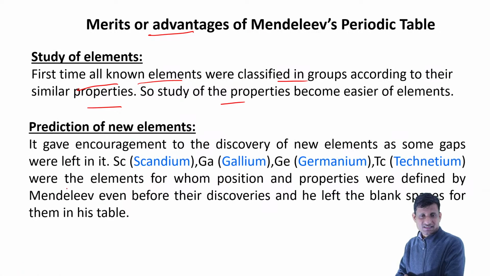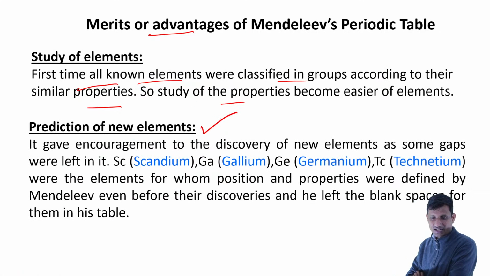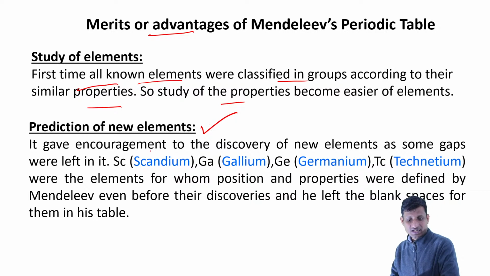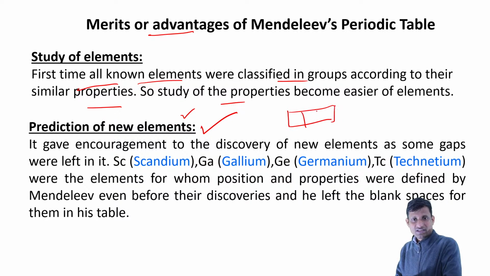Another interesting thing he did is the prediction of new elements. When he was trying to arrange the elements, he found that there are some elements that do not have similar properties.